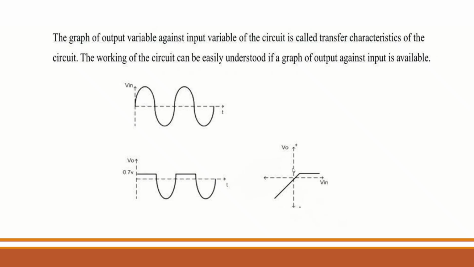After the cut-in voltage is reached, when the input varies to the maximum peak, the output remains at 0.7 volt. During the negative half cycle, when the input varies on the negative axis, the output also varies linearly with the input signal. The same replica of the negative half cycle is plotted in the transfer characteristics of the positive clipper circuit.